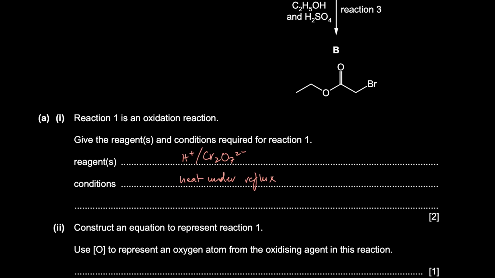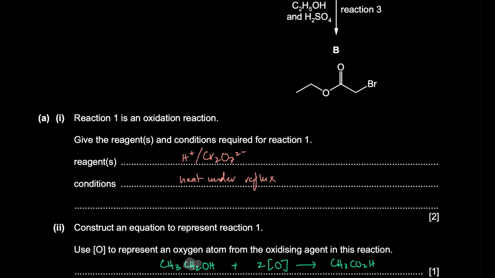Construct an equation to represent reaction 1. Use O to represent an oxygen atom from the oxidizing agent. Just write it the way they've given it: C2H5OH, but I'll write CH3CH2OH instead, because for the product we're going to need that. For oxidation to a carboxylic acid, you're going to need 2 oxygen atoms, and you end up making CH3CO2H.